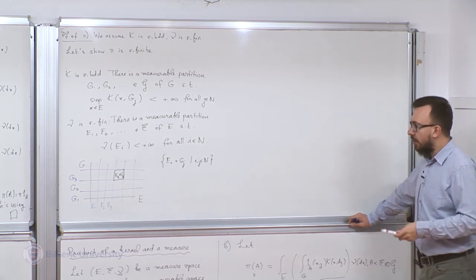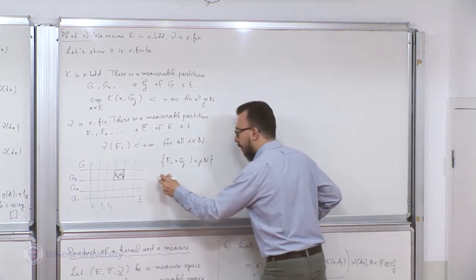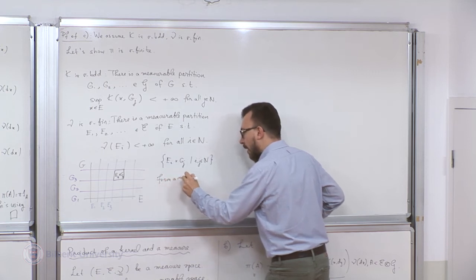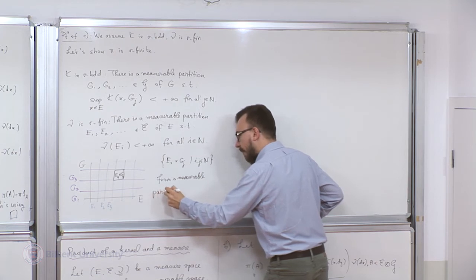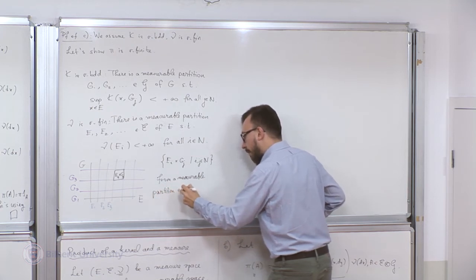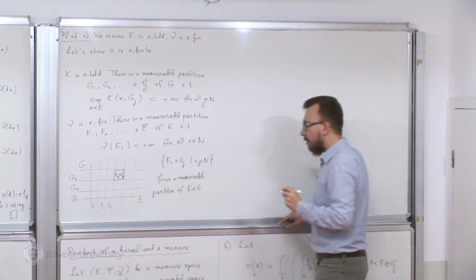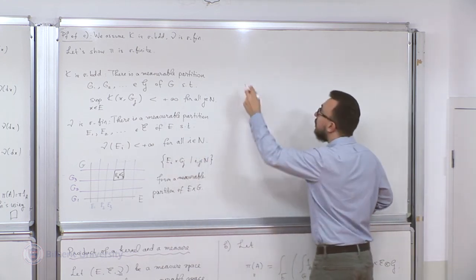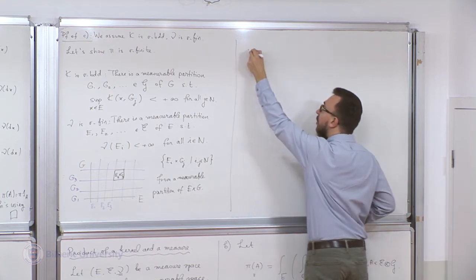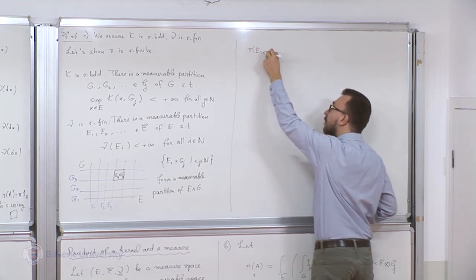And they partition E cross G. So they form a measurable partition of E cross G. So all I have to do is to check that pi is finite on each of those sets. So pi of Ei cross Gj.